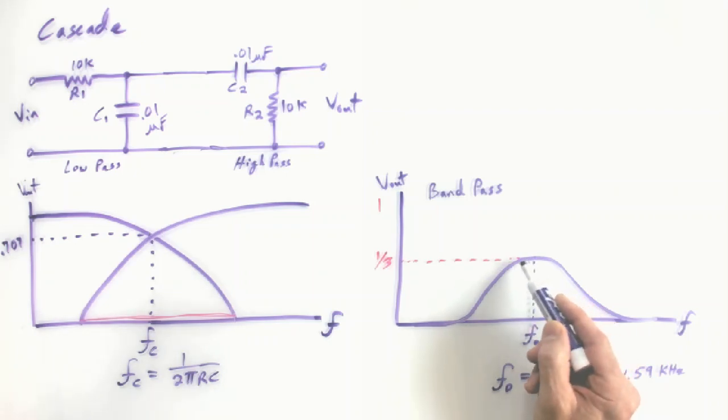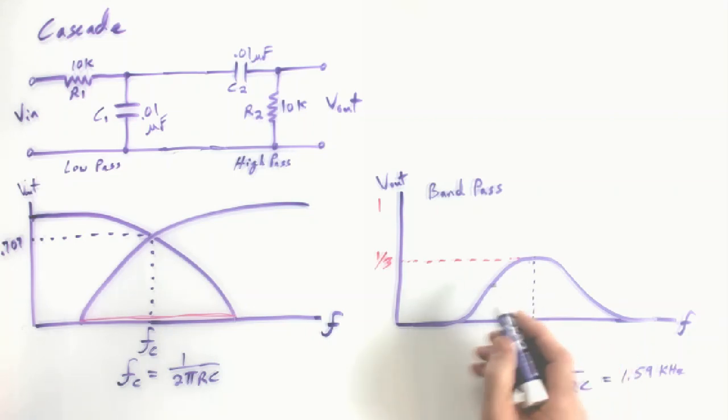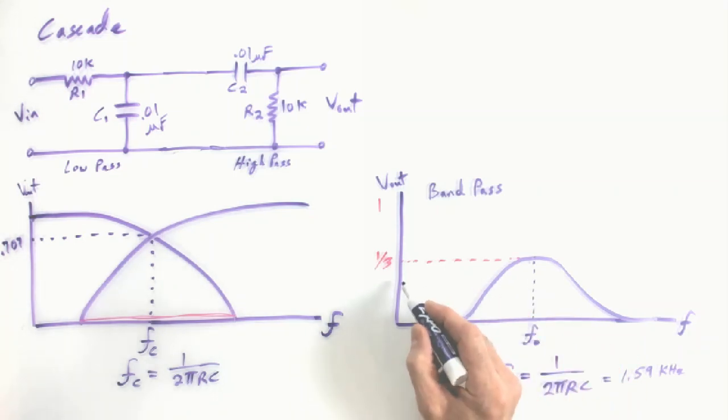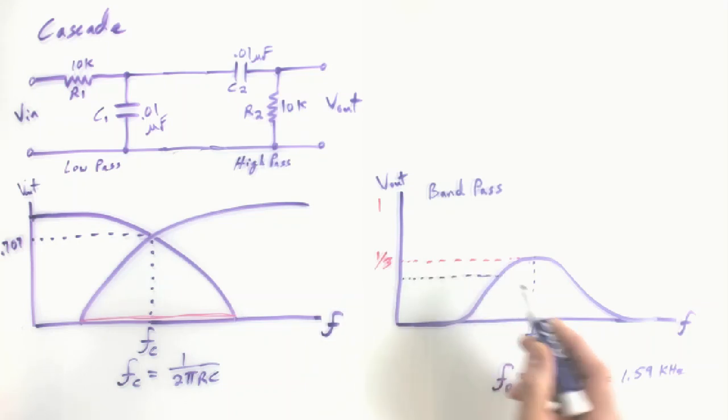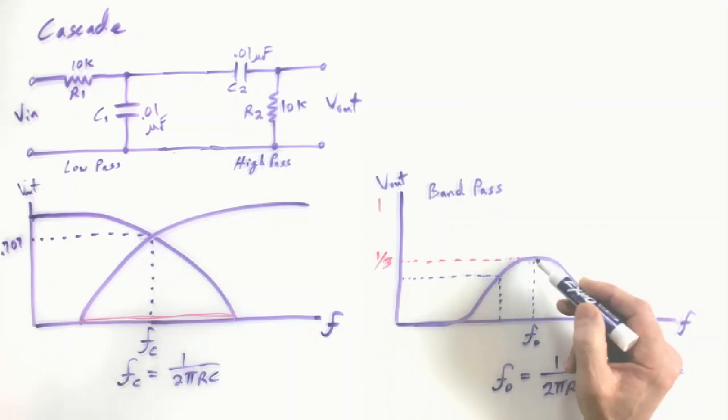For example, as you start to get lower, it starts to roll off and attenuate. And when you get to 0.707 below the pass band level.